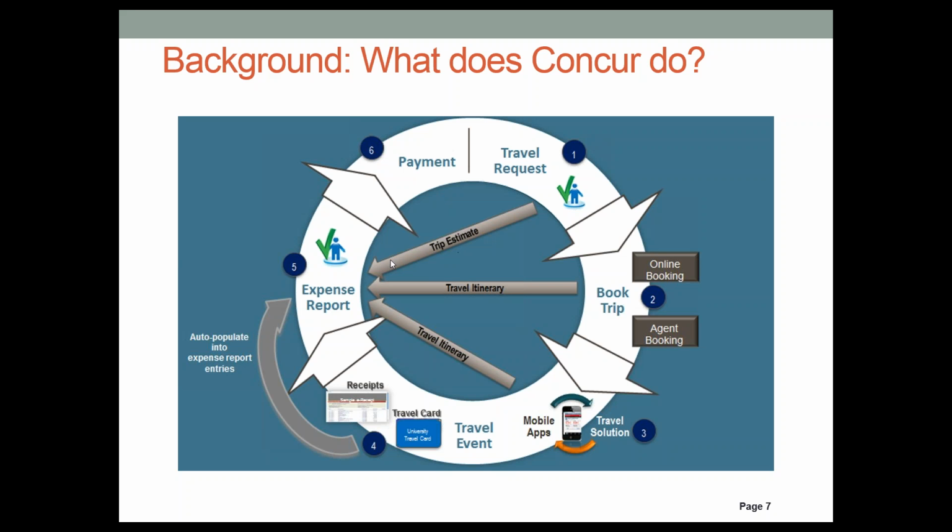But the important thing is that all of these arrows, the travel estimate, the travel itinerary, and then the travel itinerary from our mobile app as well as our travel card and receipts all feed directly into our expense report, making that process exceptionally easy. Obviously, we can do an online booking or an agent booking, depending on what works best for us. But this is just a representation of what the system can do for us. Very simplified version, but it does show some of the power and automation that we can use.